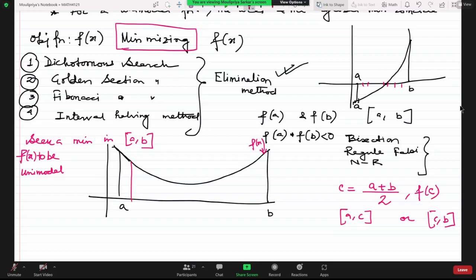Suppose this is x1 and this is my x2. If f(x1) is more than f(x2), can we say that the minimum can never lie towards the left-hand side of x1? Can we say that?